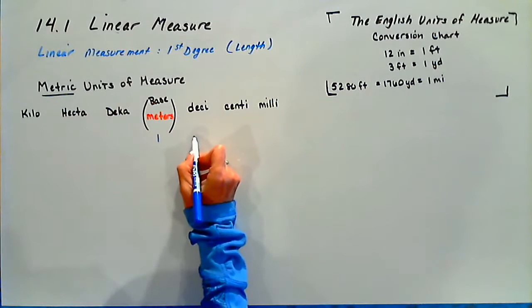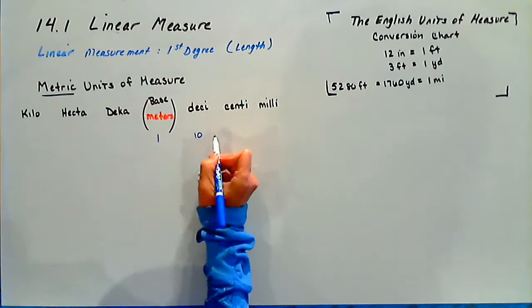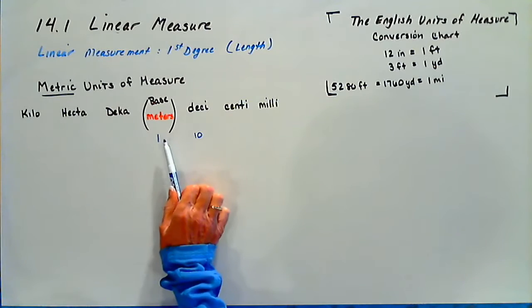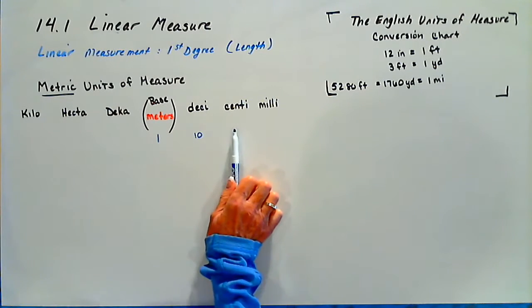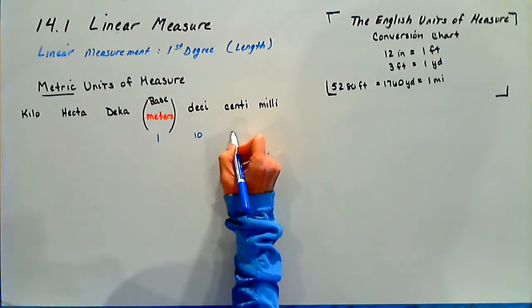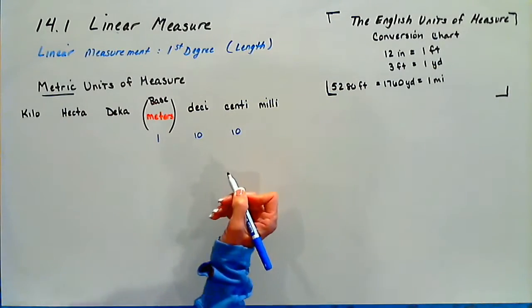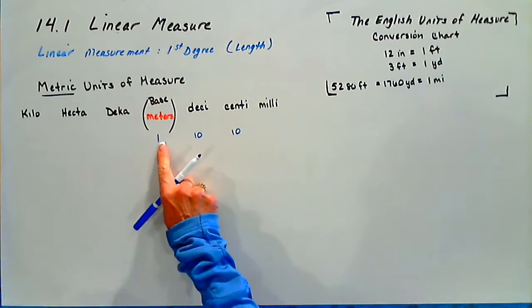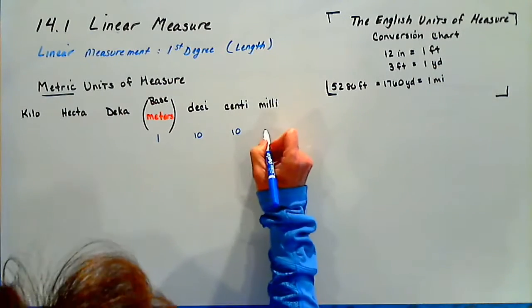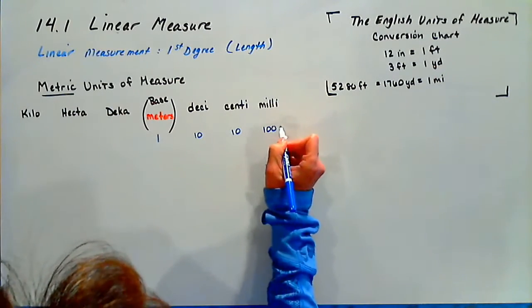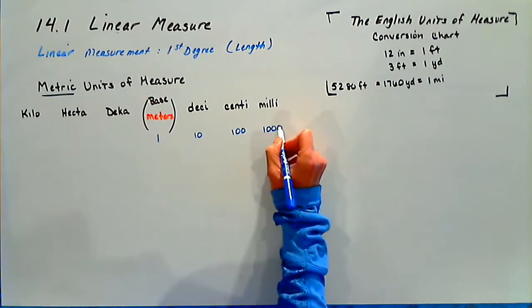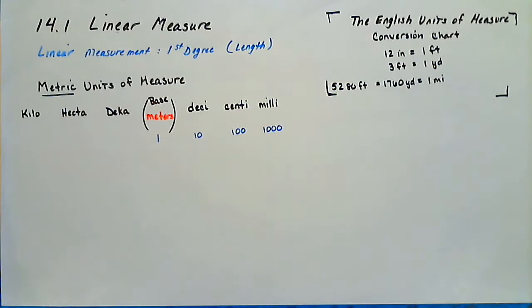Well, if I go to the right of that, it takes 10 decimeters to make 1 meter. If I go to the right from meter 2 units, that takes 10 centimeters to make 1 meter. Similarly, if I go 3 to the right, it's as if I've moved my decimal 3 units to the right, and so I end up with 1,000 millimeters equals 1 meter.